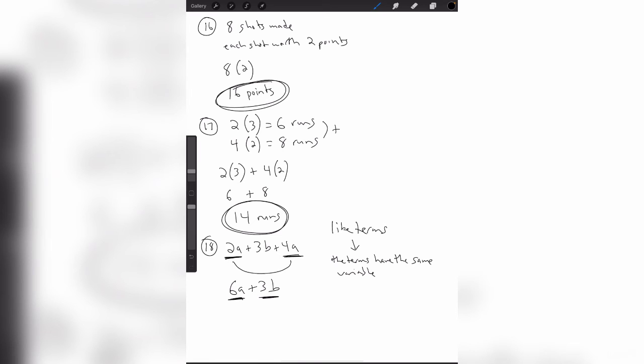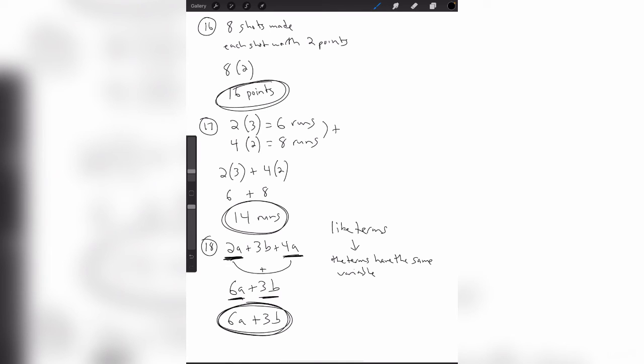And in this case, a and a, so I'm able to combine them. I was able to combine 2 plus 4, which gives me 6. I cannot combine this anymore, so 6a plus 3b would be my final answer. You cannot combine that anymore.